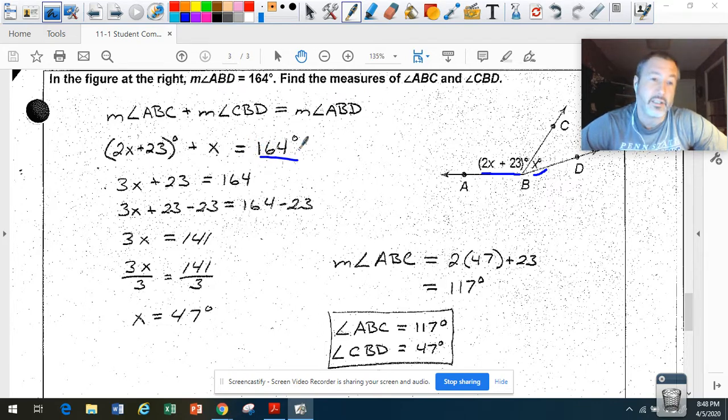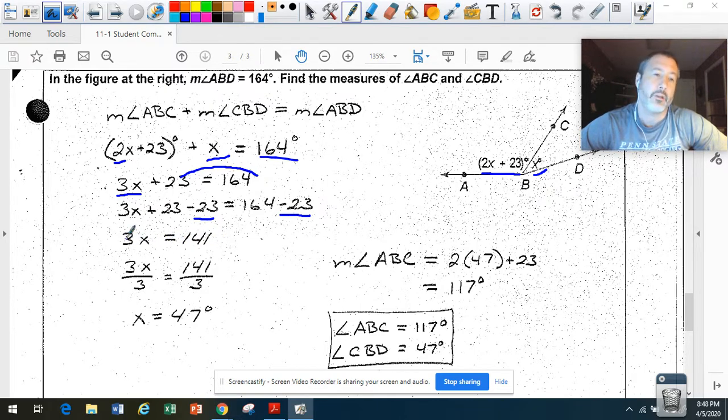Let's solve this. 2x plus x equals 3x, so I now have 3x plus 23 equals 164. I've got to get this 23 over to the other side. The opposite of adding 23 is subtracting 23, so I subtract 23 on both sides. I get 3x equals 141.